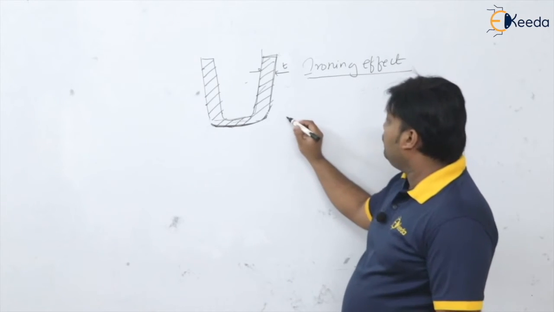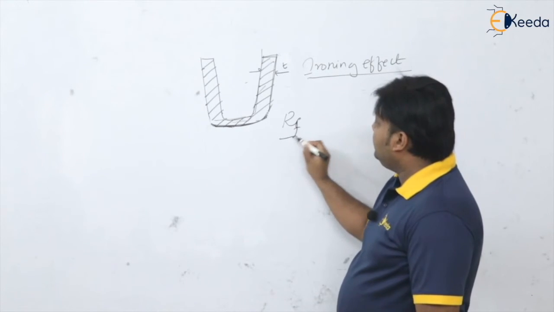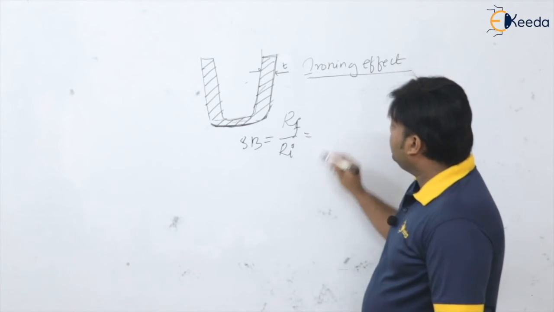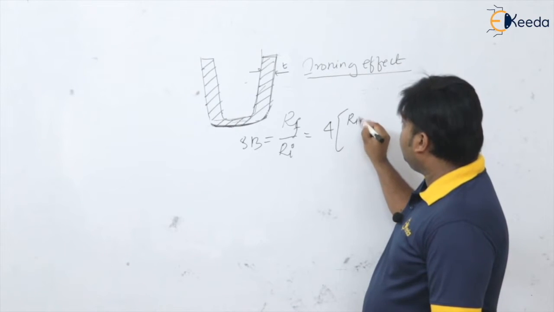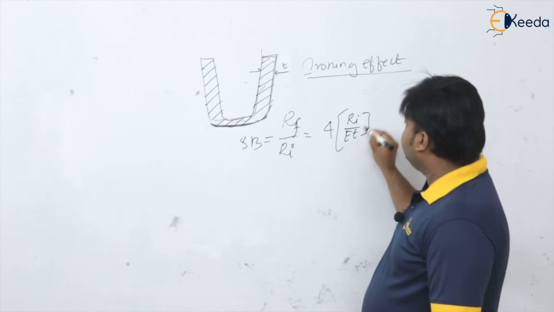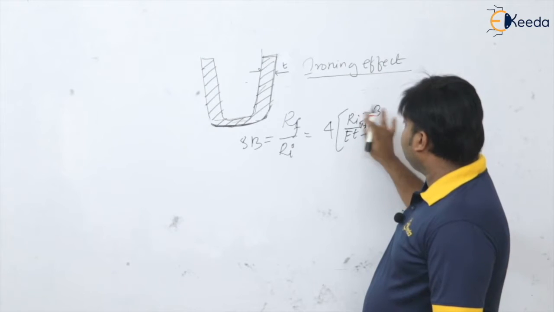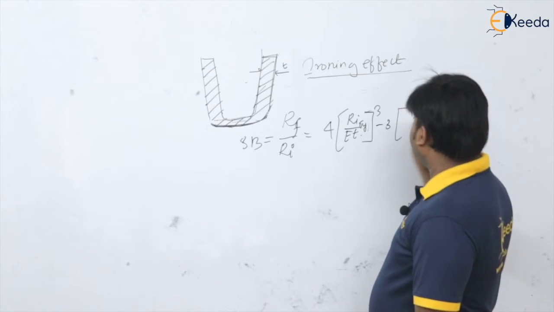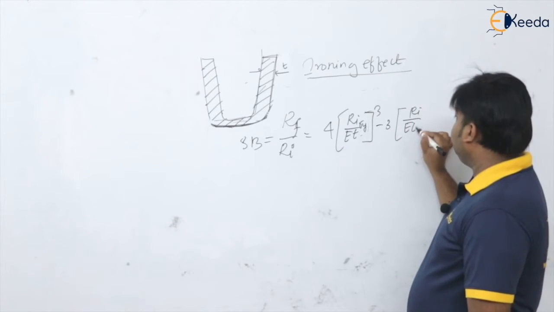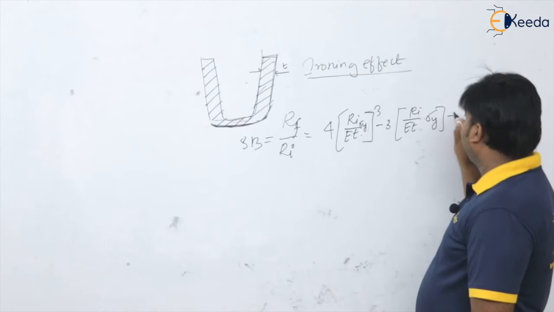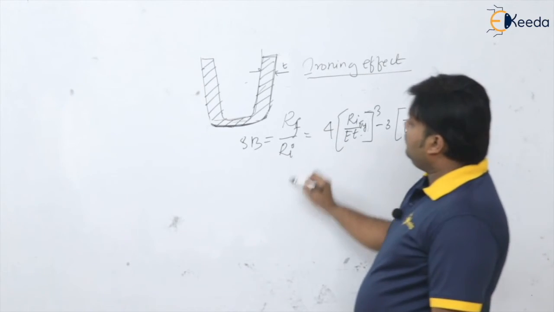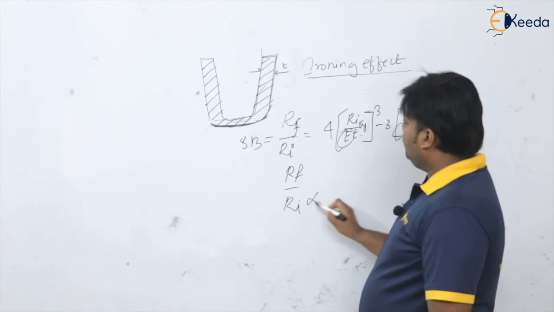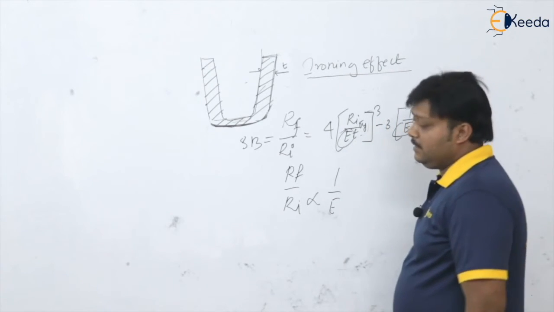We have the formula for spring back, what is it? R final divided by R initial, that is nothing but our spring back, is equal to 4 times (Ri divided by Et into sigma y) cubed minus 3 times Ri divided by Et into sigma y plus 1. So please remember this Rf by Ri is inversely proportional to the modulus of elasticity.